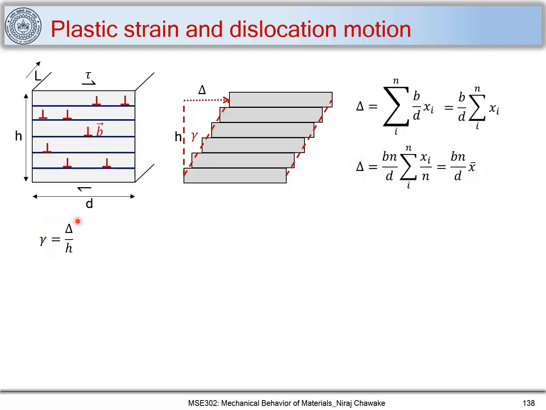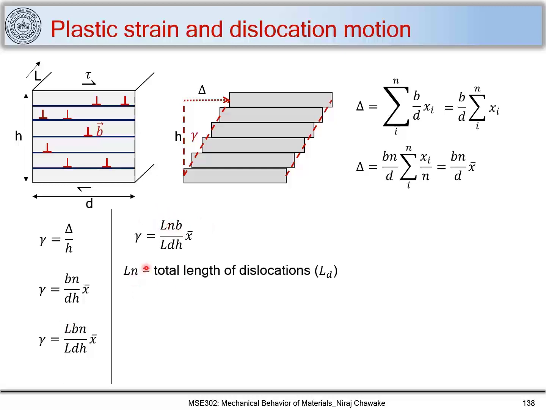Now I can find out the shear strain. I plug this value of delta into this equation, and I multiply and divide it by the length, and I can see that this L n is nothing but the total length of dislocations.